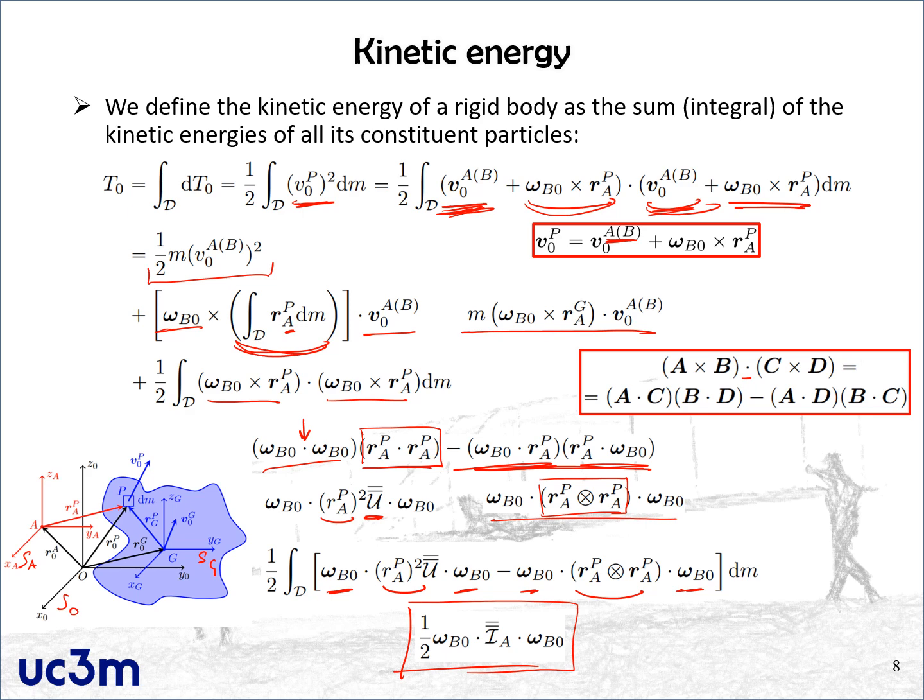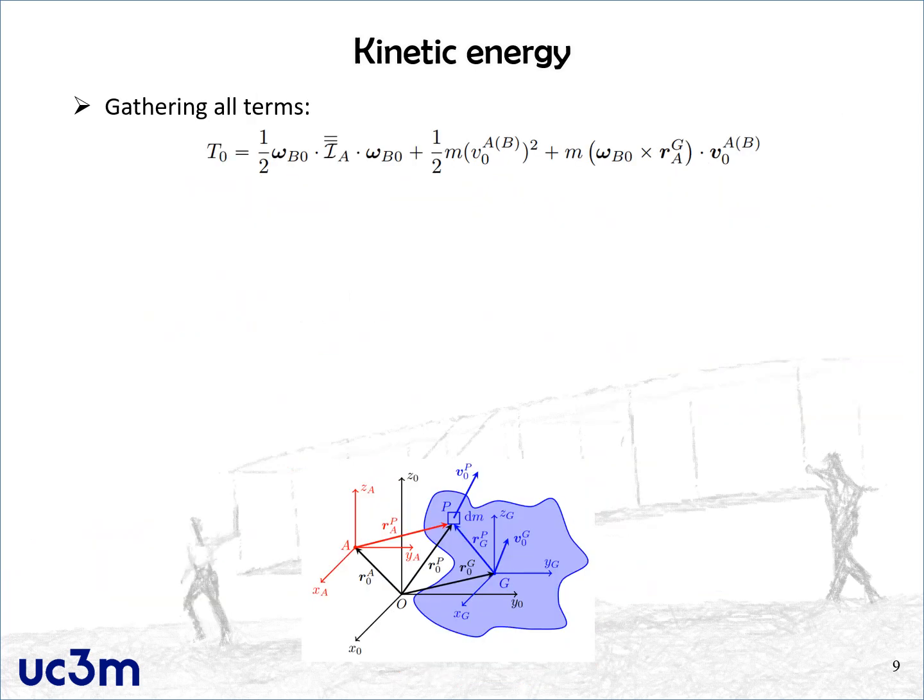So in the case of the expansion that we have applied here to the kinetic energy, you see that we can write it as the sum of 3 terms. The first one is this one, the second one is this one, and the last one is this. All right, let us gather everything together in this new slide. So here you have the result that we have just obtained.